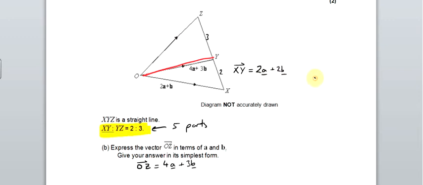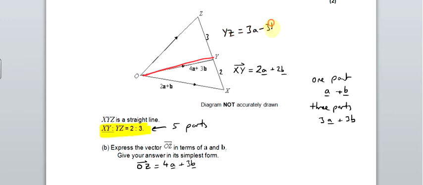So one part will just be 1a plus 1b, and therefore 3 parts is 3a plus 3b. And you can see that kind of makes sense here because y to z is going to be 3a plus 3b. These are our 2's and our 3's. So hopefully you can see if that makes sense.